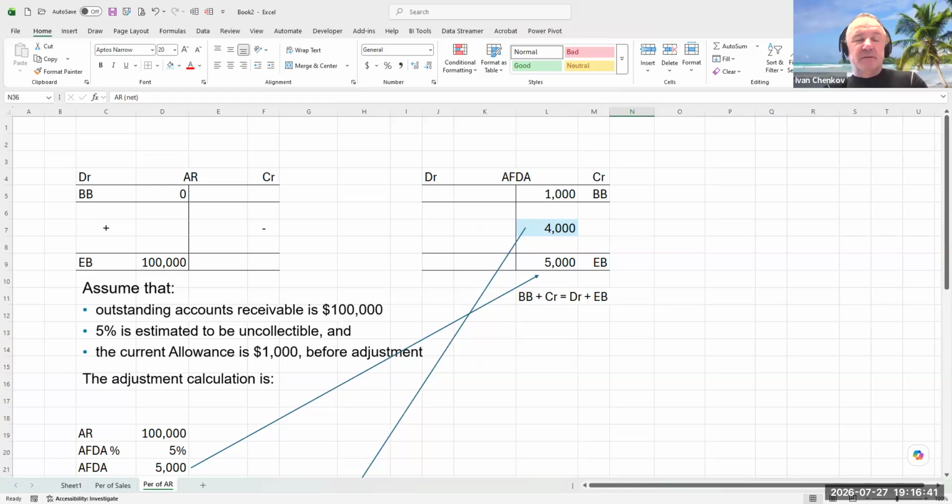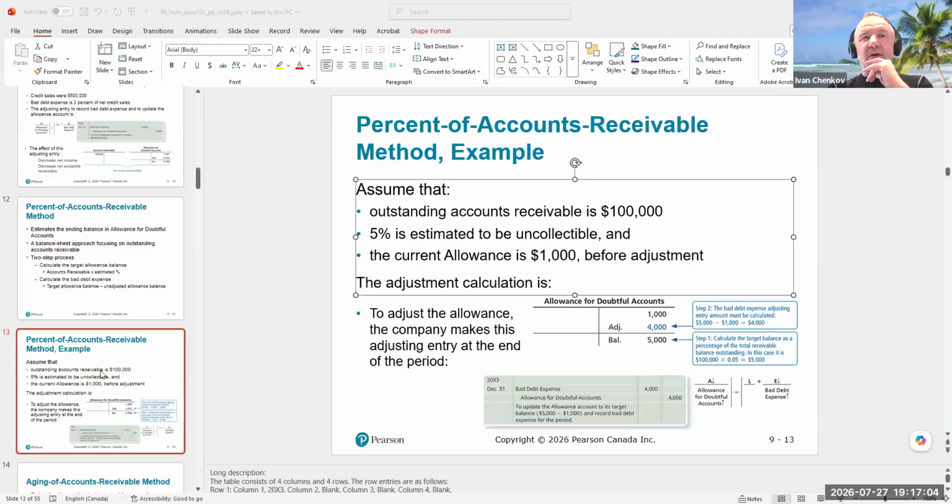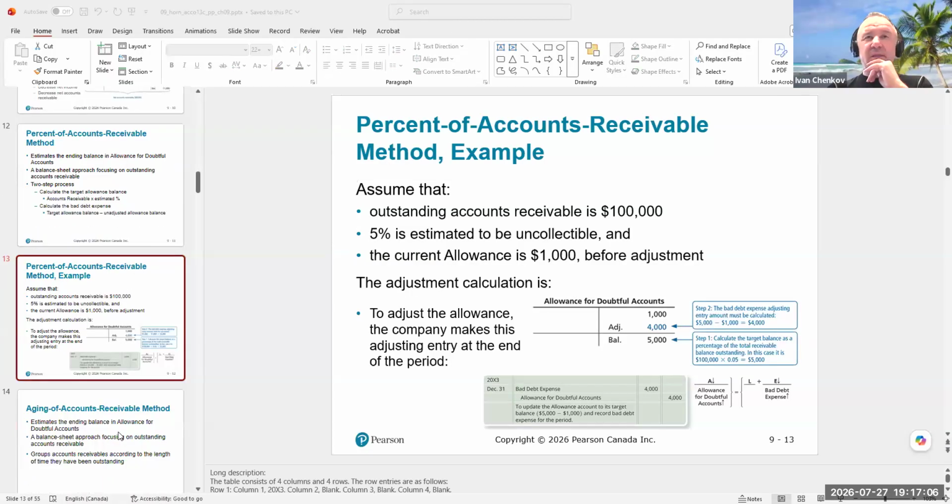The last one will be the percentage of the aged accounts receivable. And that will be simply looking at the receivables on the timeline of the time and see which one is the oldest one, which one is the newest one.